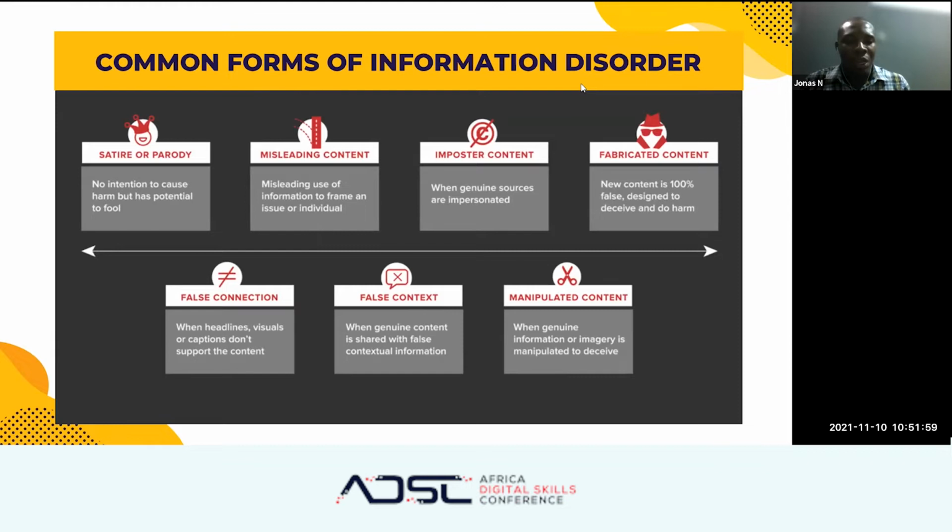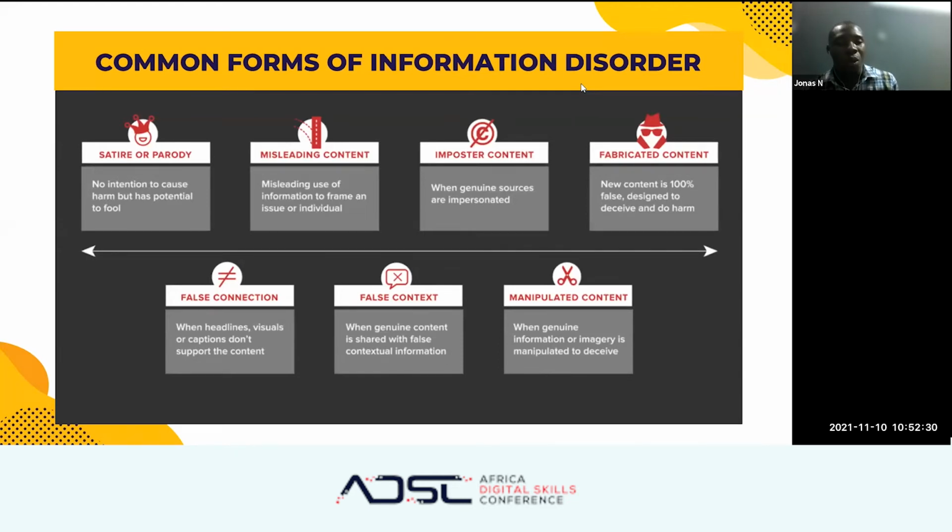An example, for instance, is satire or parody. With these, there is no intention to cause harm, but it has the potential to fool someone. I'm sure a lot of you know examples of websites that specialize in producing parody. There is nothing wrong with it, except that it has the potential to fool people. Oftentimes, people mistakenly see this and share it on WhatsApp without checking further.